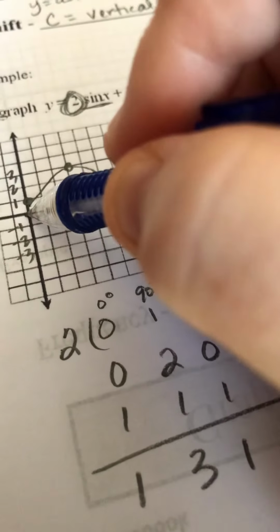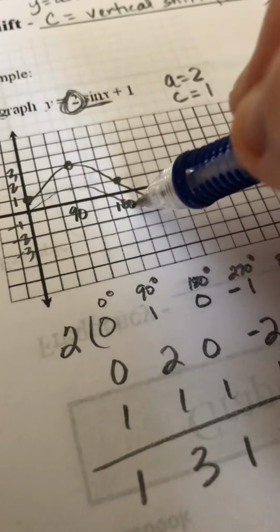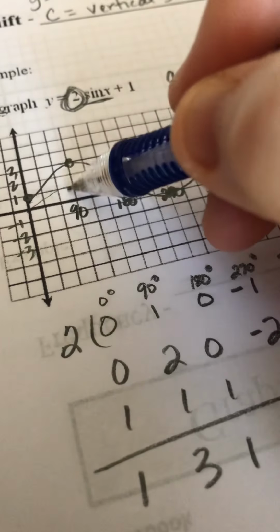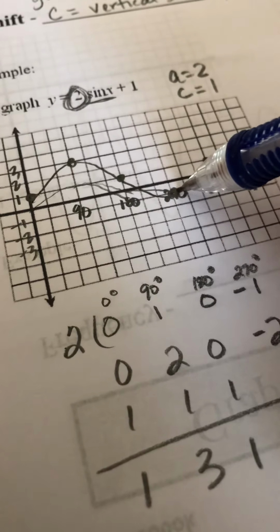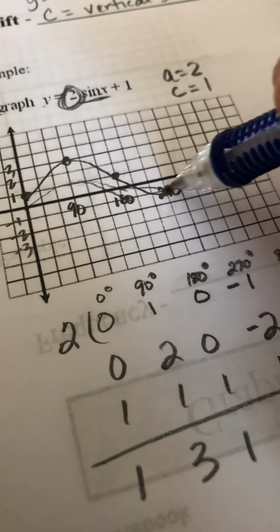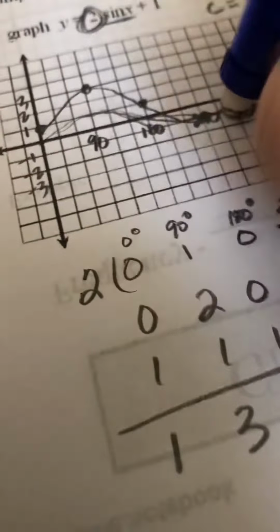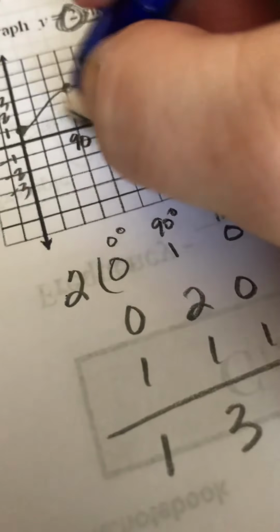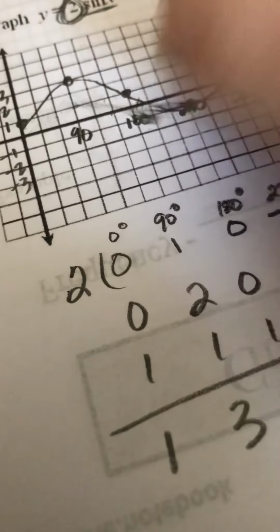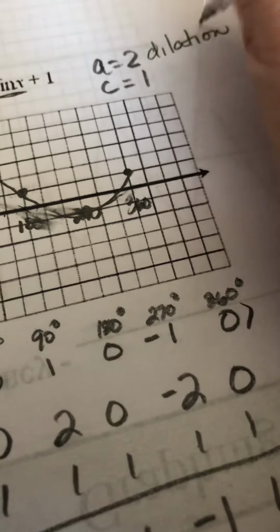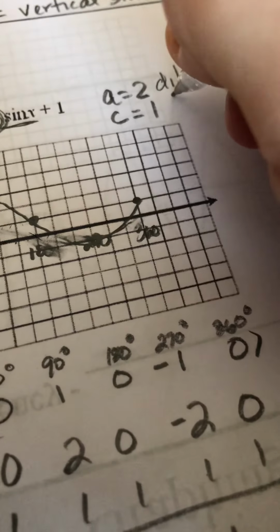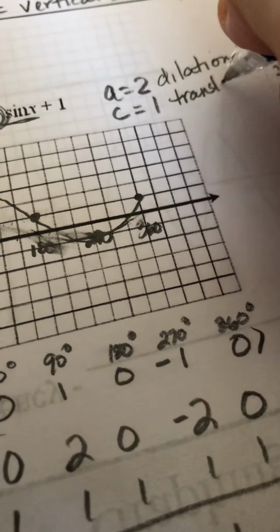Our regular sine graph would look like this. This is a sine graph that got stretched out a little bit and got moved up. Okay, so the a stretches it out, it's a dilation, and the c moves it up. So a is a dilation, and c is a translation.